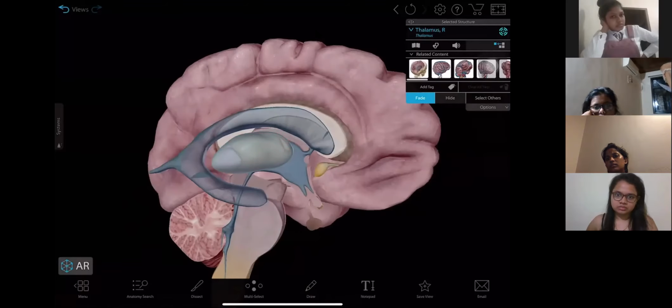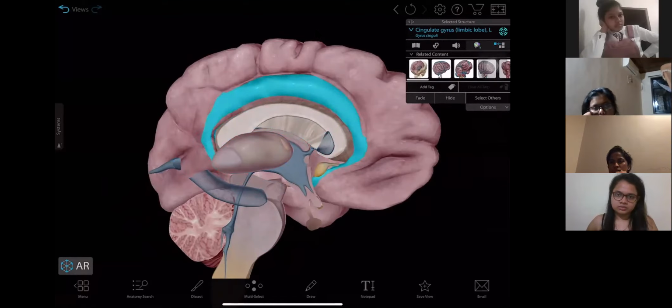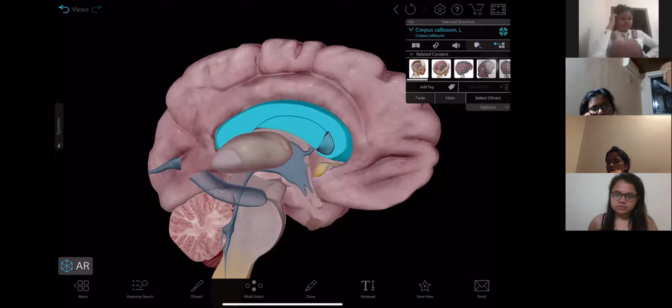Here's the brainstem, midbrain. This is the lateral ventricles. Here's the corpus callosum. Here's the cingulate gyrus. Just remember this. The cingulate gyrus that gets the signals from the thalamus is above the corpus callosum. Just remember that.